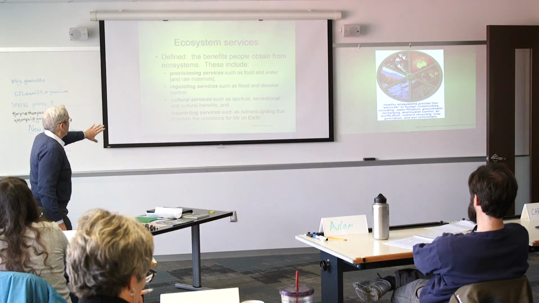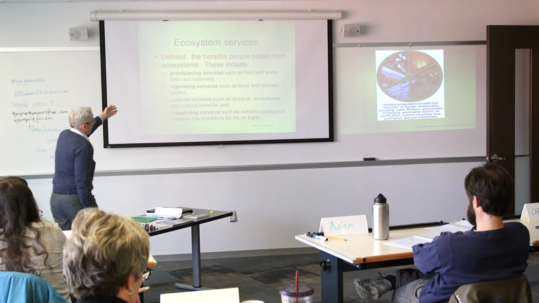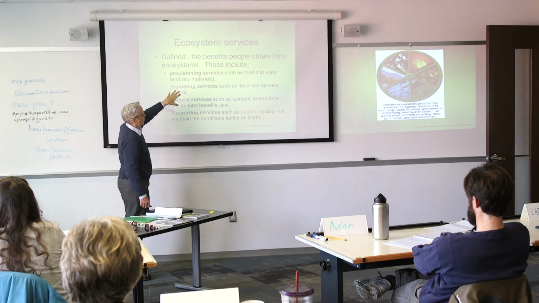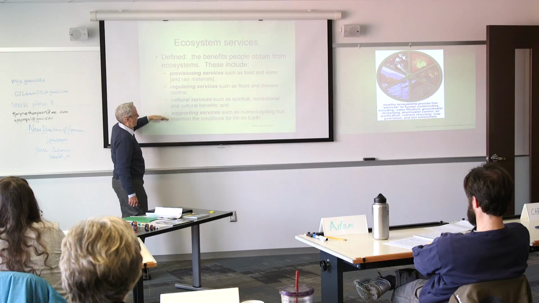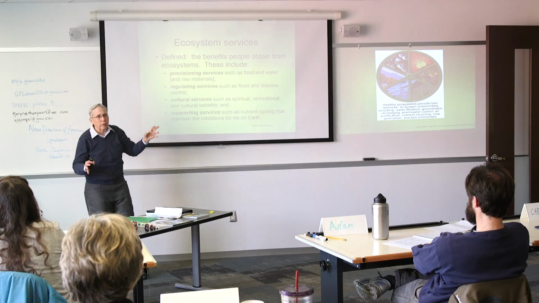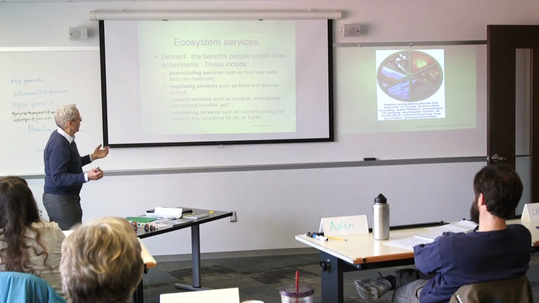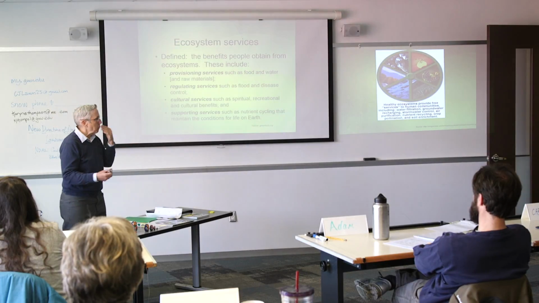So let's go through this. A lot of different organizations break down ecosystem services, but these are the 4 basic types of services, okay? And the one that we always think about is provisioning services.